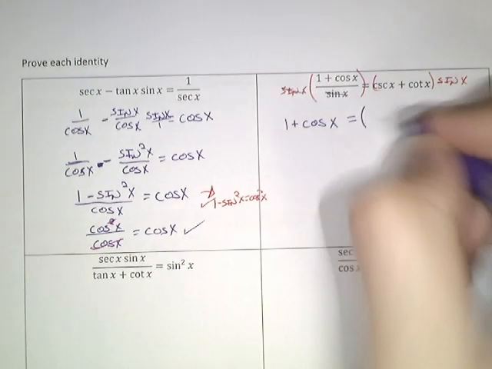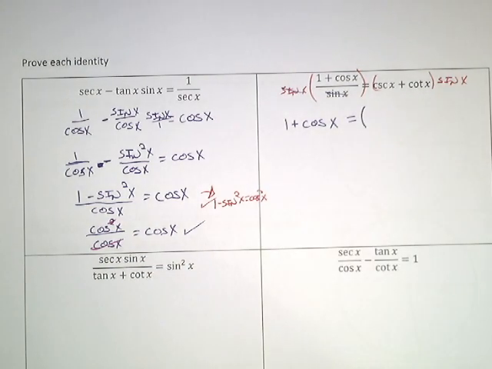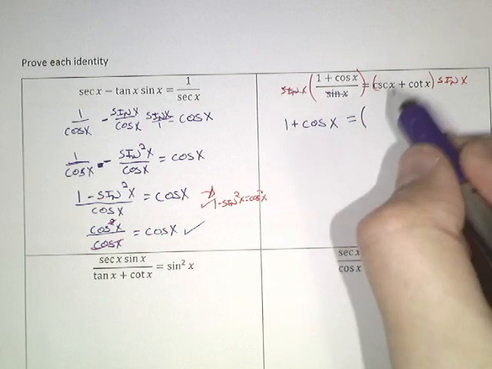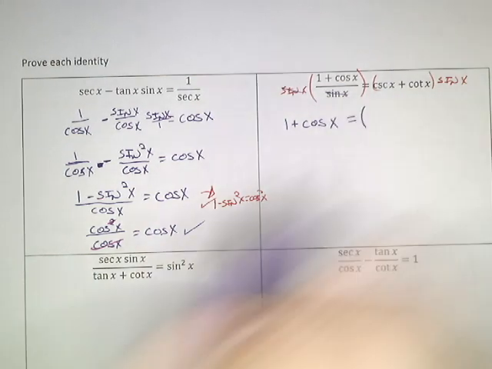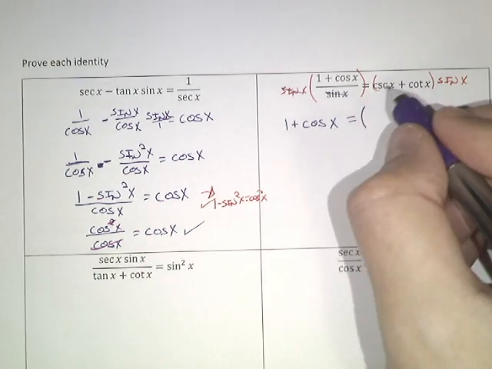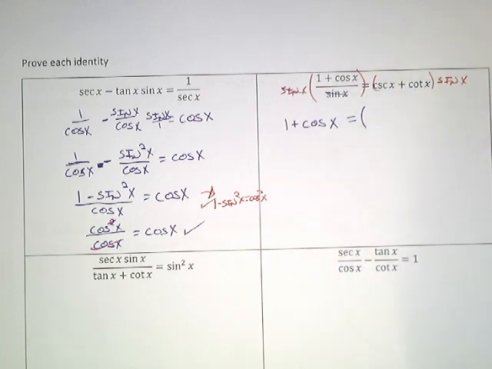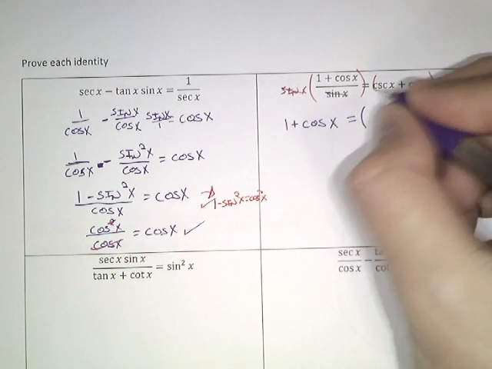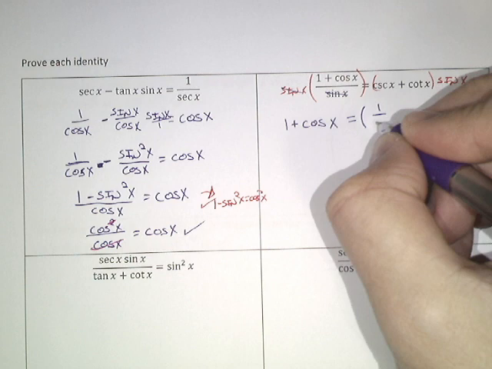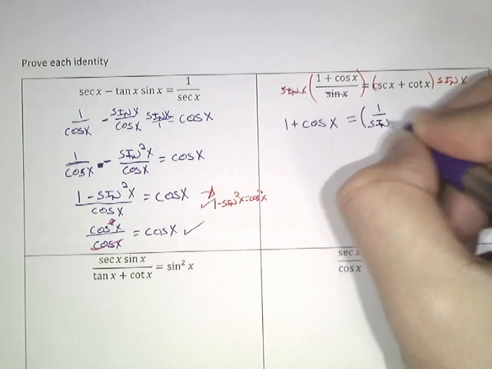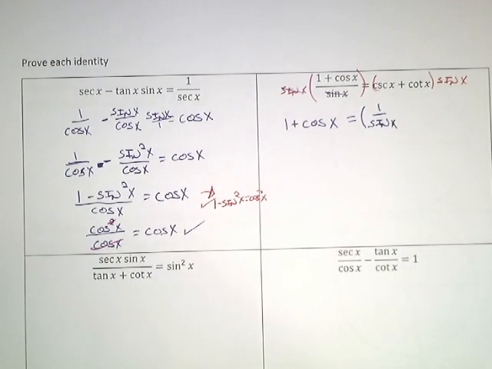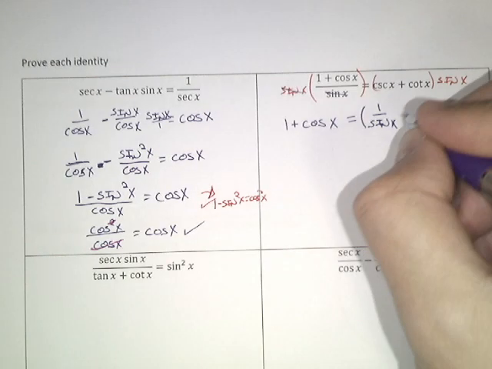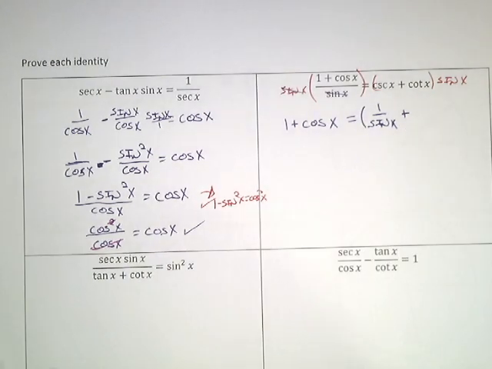I'm going to do 2 steps at the same time. I'm going to multiply both sides, but I'm also going to change these to sine and cosine. So cosecant is 1 over sine x plus cotangent.